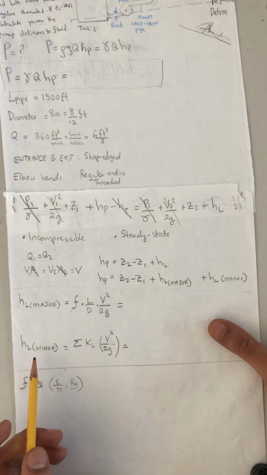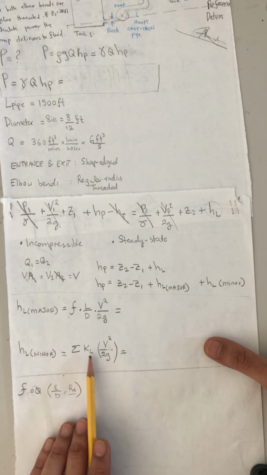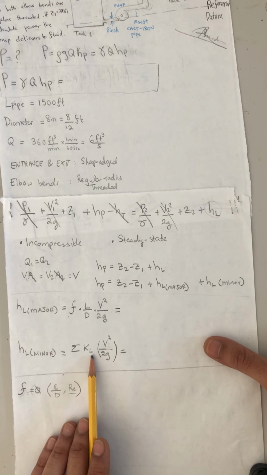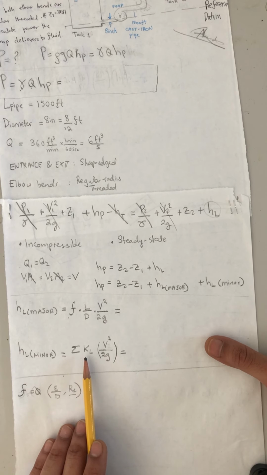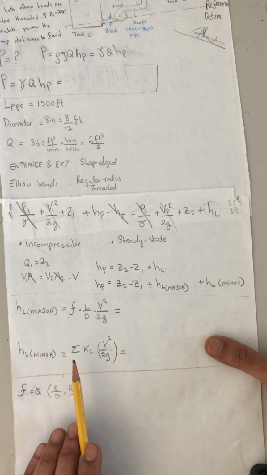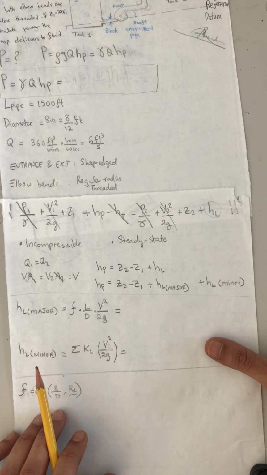And for our head loss in our minor, our KL, as we said, is our coefficient of loss for each individual component. Each will have its own coefficient of loss.